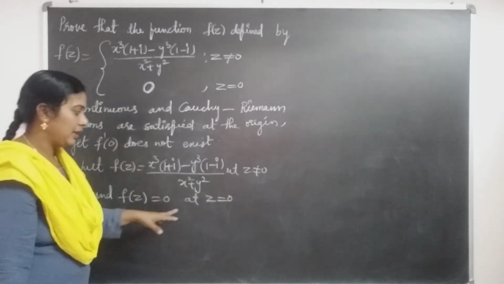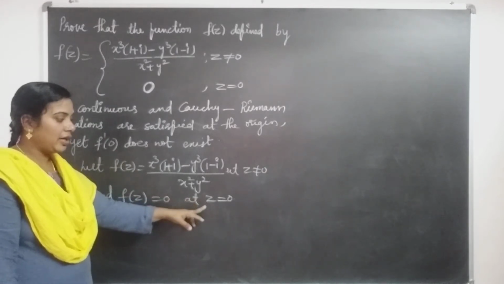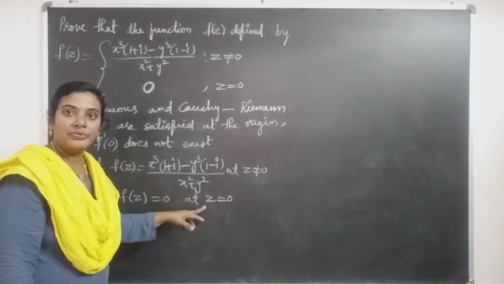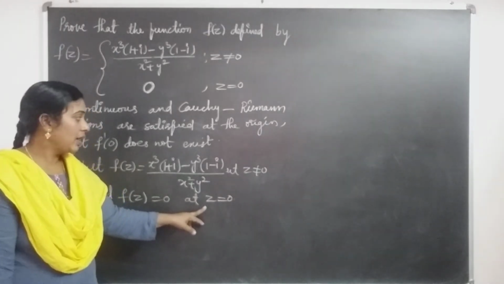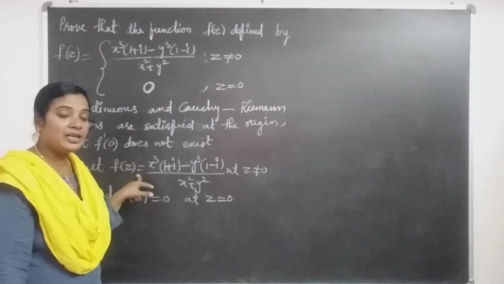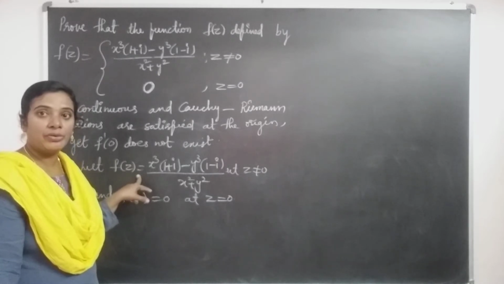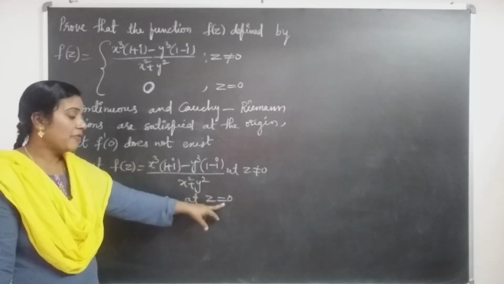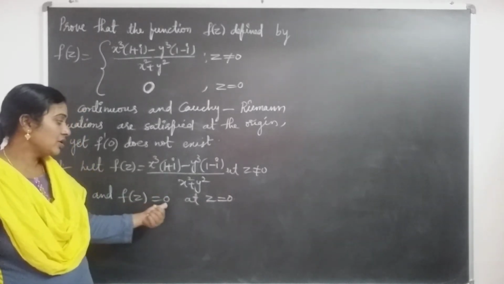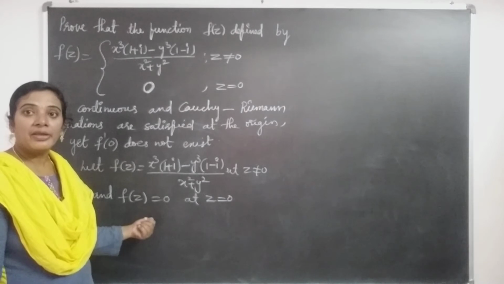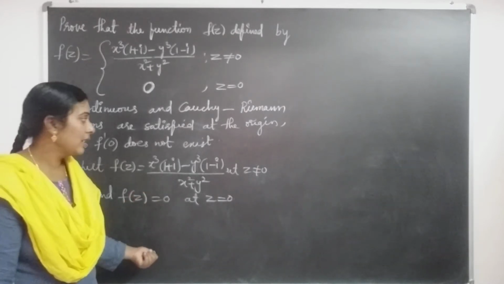Clearly, at z equal to 0 the function is 0. Here f of z naught at the origin is 0. We check whether the limit of the function as z tends to 0 is equal to f of z naught or not. When z is equal to 0 the function is 0, so indirectly they have given f of z naught equal to 0.